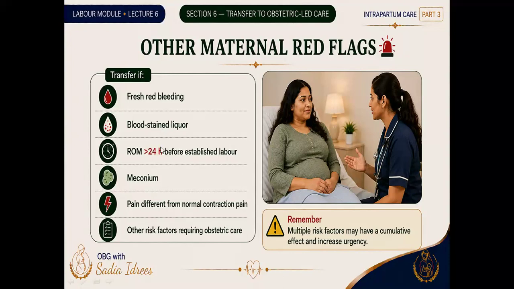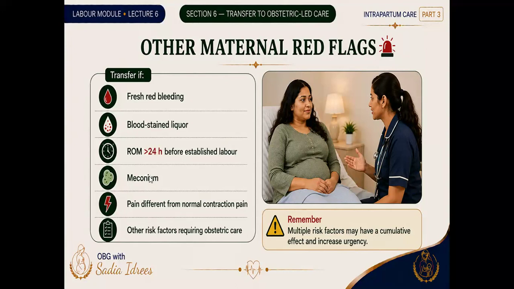Another important thing is meconium. The presence and character of meconium should trigger a full risk assessment and consideration of appropriate obstetric-led care and fetal monitoring. And then there is a very clinically important red flag: pain that is different from normal contraction pain. For example, persistent or unusual abdominal pain between contractions should never simply be dismissed as labor pain.